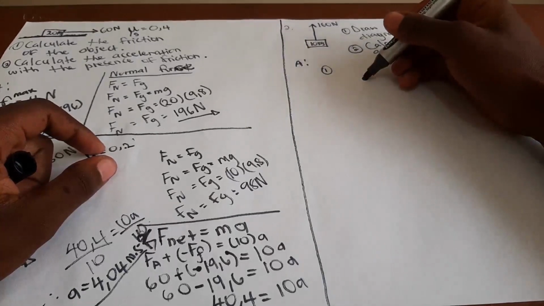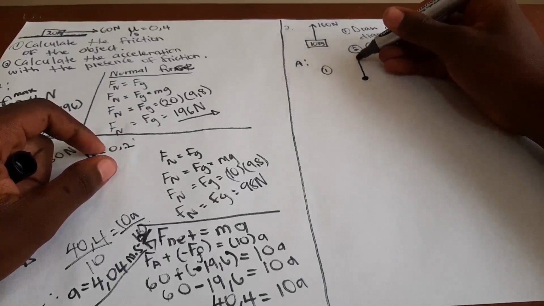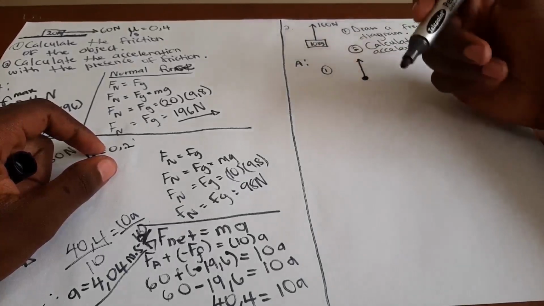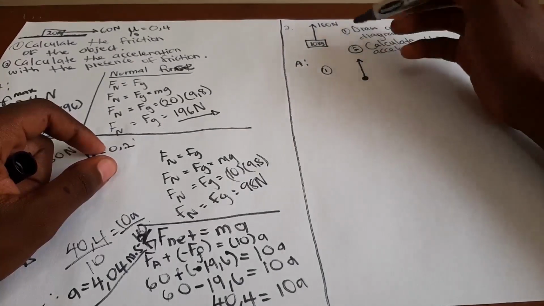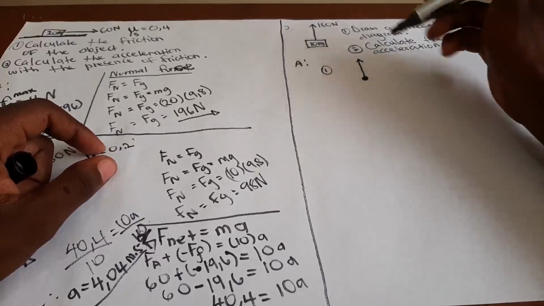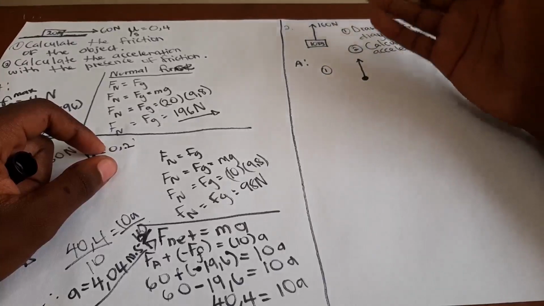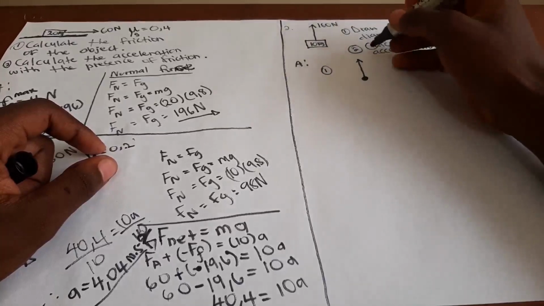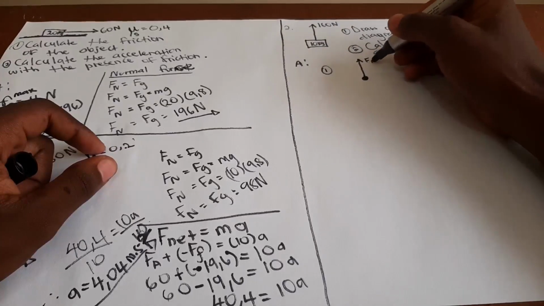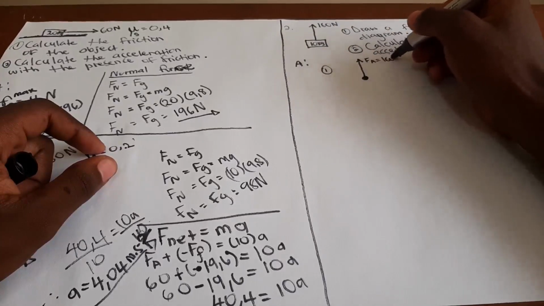There is a force acting upwards on it, meaning that there's someone lifting this object by 160 newtons. This is the applied force, which is equal to 160 newtons.